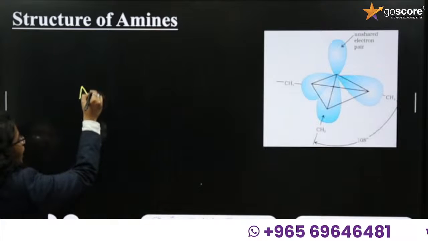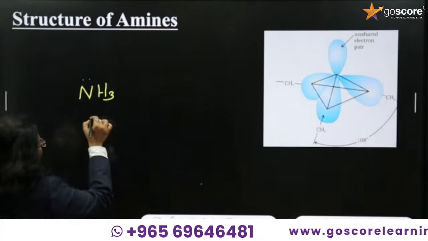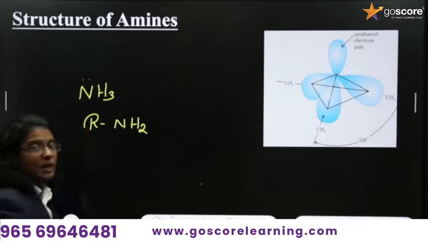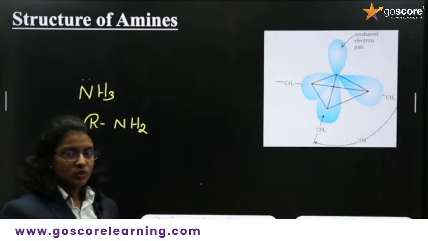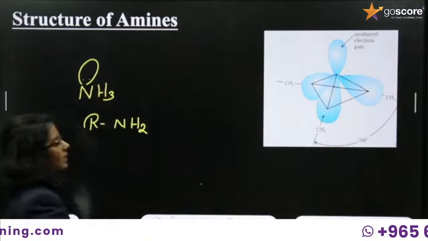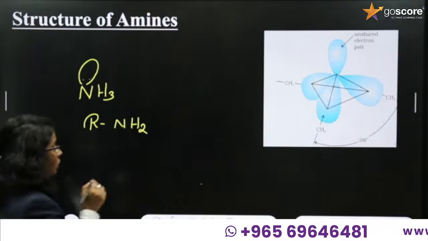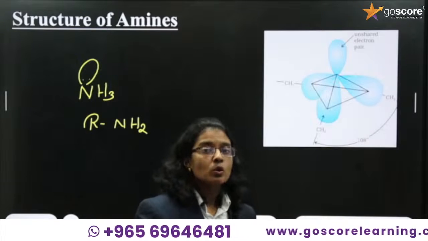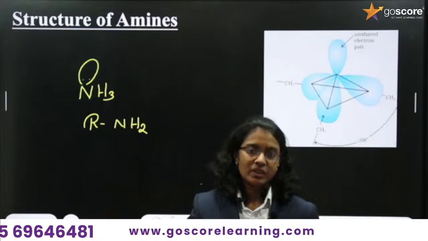This is ammonia, and RNH2 is amine. In ammonia there are three hydrogen atoms and one lone pair of electrons, an unshared pair, on the nitrogen atom. Like ammonia, amine is also sp3 hybridized and has a pyramidal geometry.